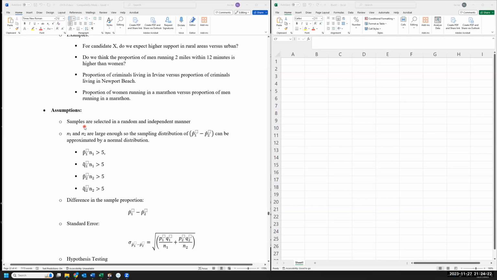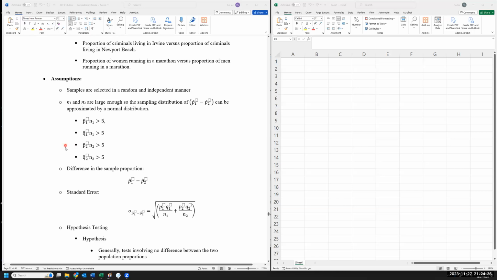Assumptions. Since we have two populations, we need to make sure the samples from both populations are large enough to apply the normal distribution. For that, we use P1 hat, the sample proportion from population 1, and P2 hat, the sample proportion from population 2.